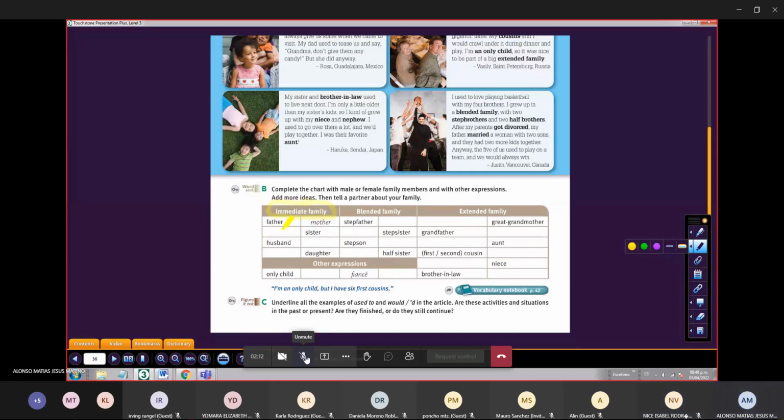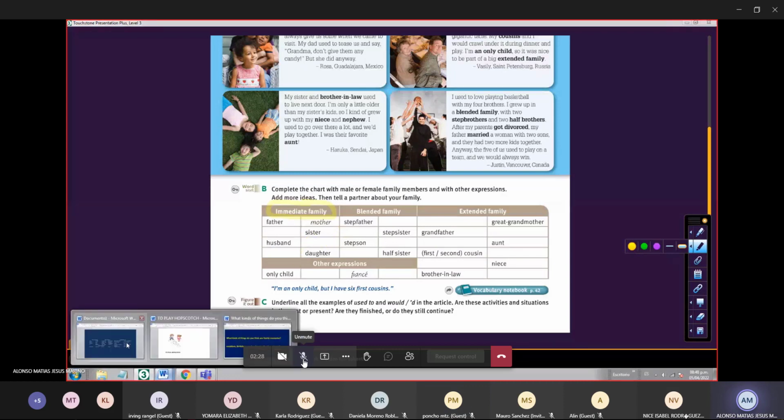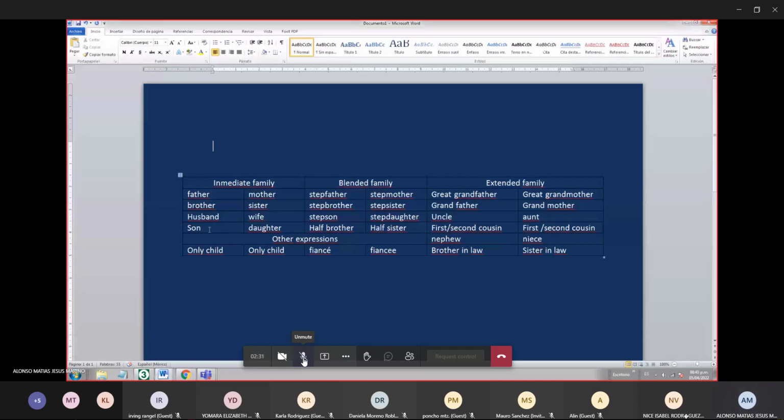Then we have the husband and the wife. Then we have the son and the daughter. Correct. We also have the only child.